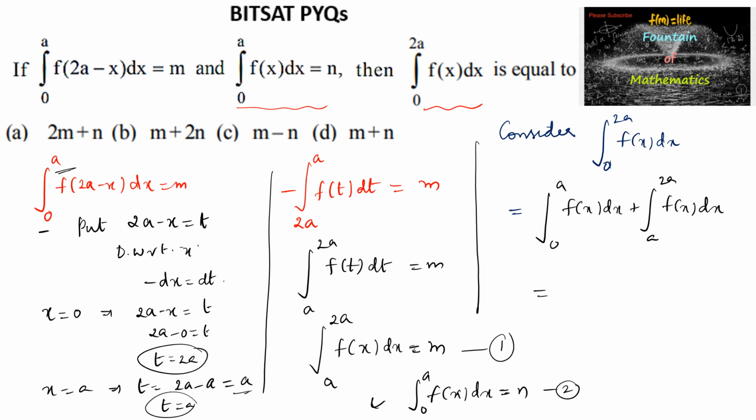So from 2, 0 to a f of x dx is n, and a to 2a f of x dx is equal to m. From 1 and 2, the interval 0 to 2a is divided into two equal parts, 0 to a and a to 2a. So we get 0 to a plus a to 2a, giving the answer n plus m, which is option D.